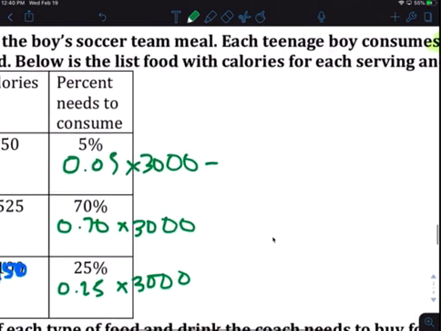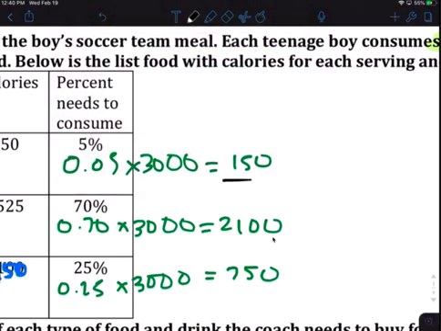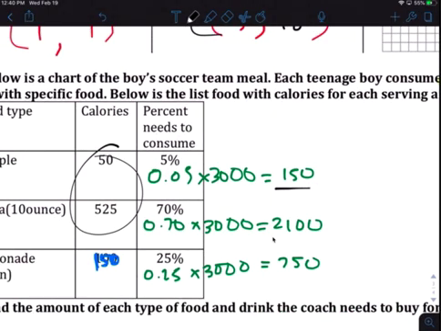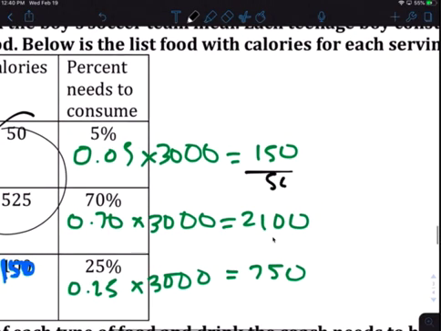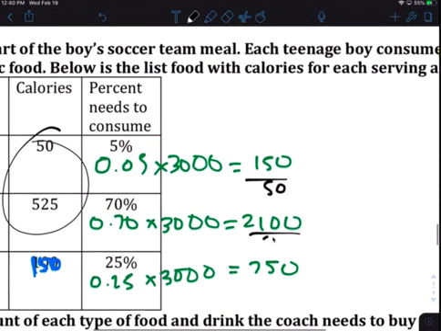So you get 150, 2,100, and 750. Then you divide these by the caps right here: by 50, by 525, by 150. Let me make sure, I did it in my head and I may get it wrong.